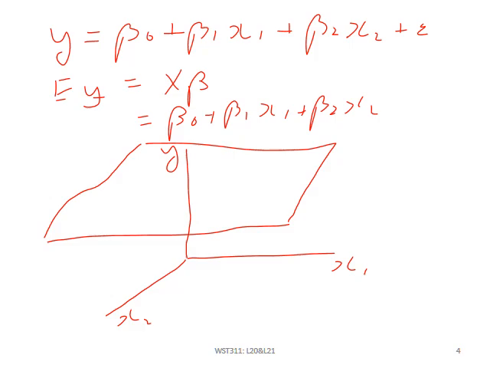So for a coordinate over here, it projects onto the hyperplane over here, for instance. For another coordinate over here, it projects onto the hyperplane over there. And for a coordinate over there, it projects onto the hyperplane over there.